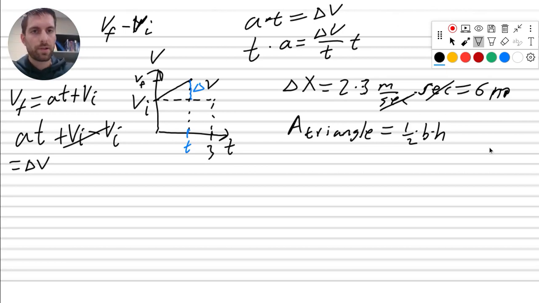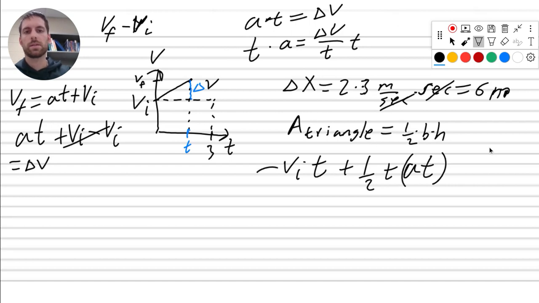So once I do that, I will find my area, which should be the area of the rectangle, so v initial and time, plus 1/2 the base, which is time, times my height, delta v, or a t.